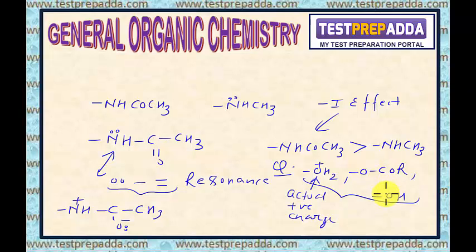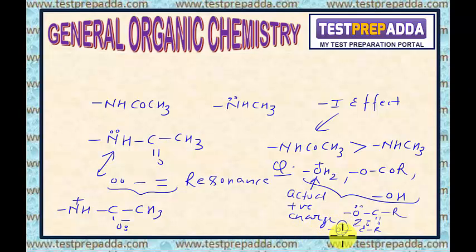Now you have to compare these two. In the first case, if you write the structure carefully, you can see this lone pair is in conjugation with the double bond. So if you write the resonating structure, you can see the positive charge on this oxygen. Positive charge is developed here, and this O you are going to attach with the carbon chain.